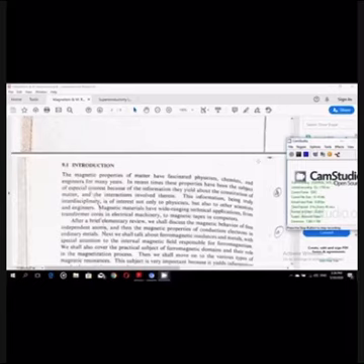The magnetic properties of matter have fascinated physicists, chemists and engineers for many years. In recent times, these properties have been the subject of special interest because of the information they yield about the constitution of matter and the interactions involved therein.